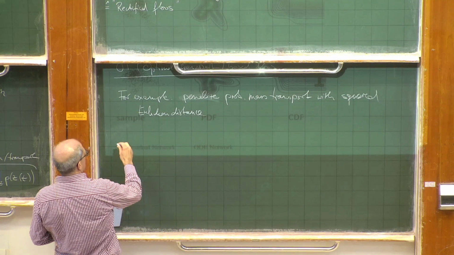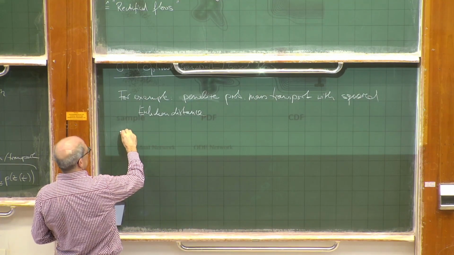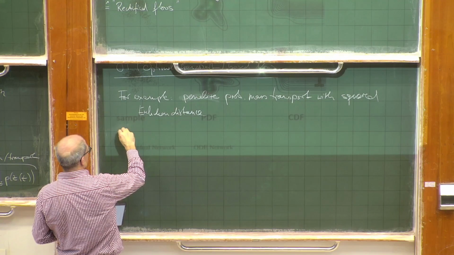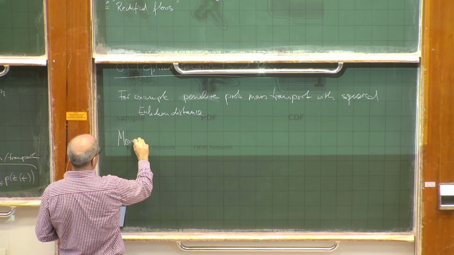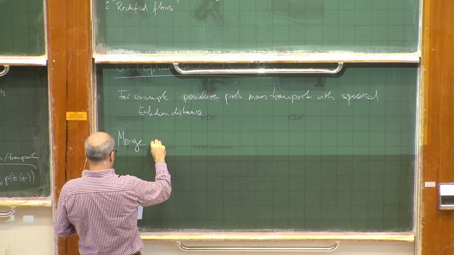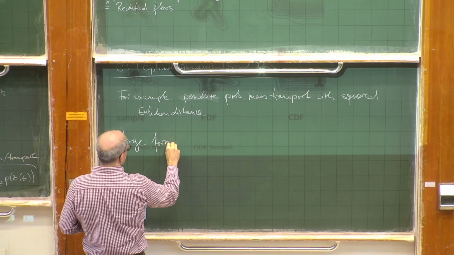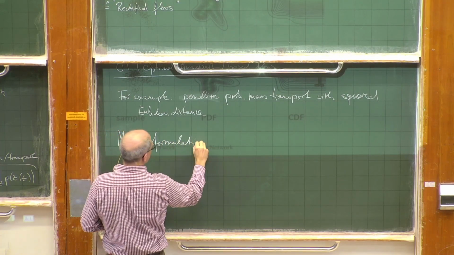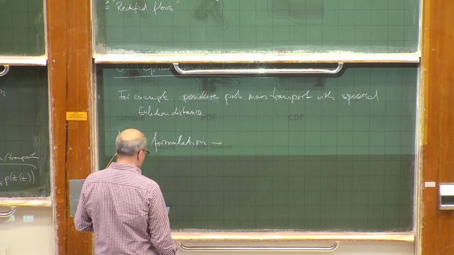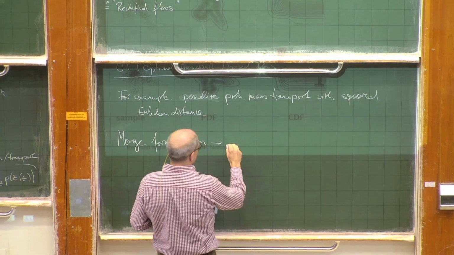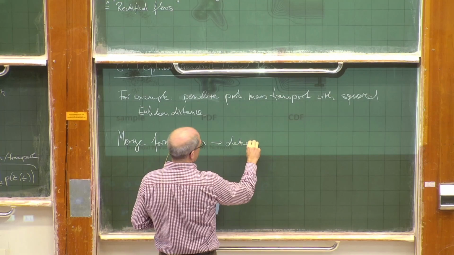And the first formulation I want to give is the Monge formulation. And this is useful whenever a deterministic transport map can be found.